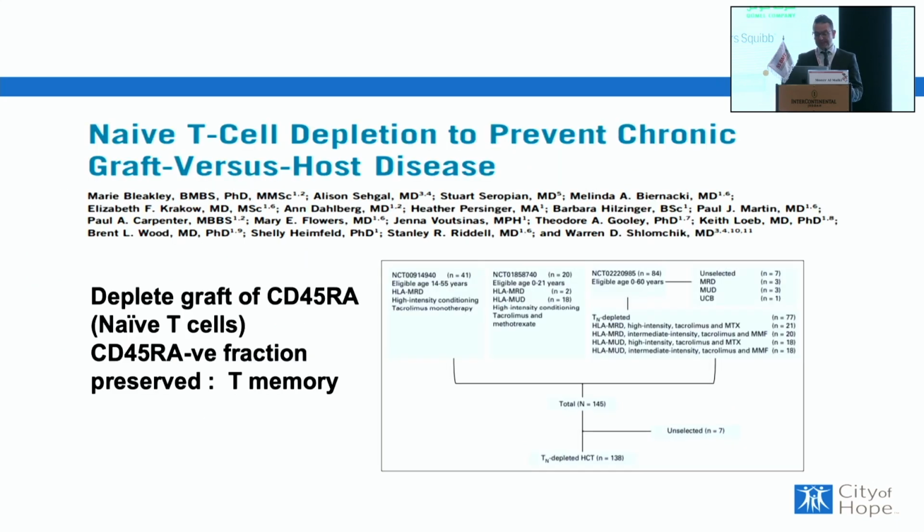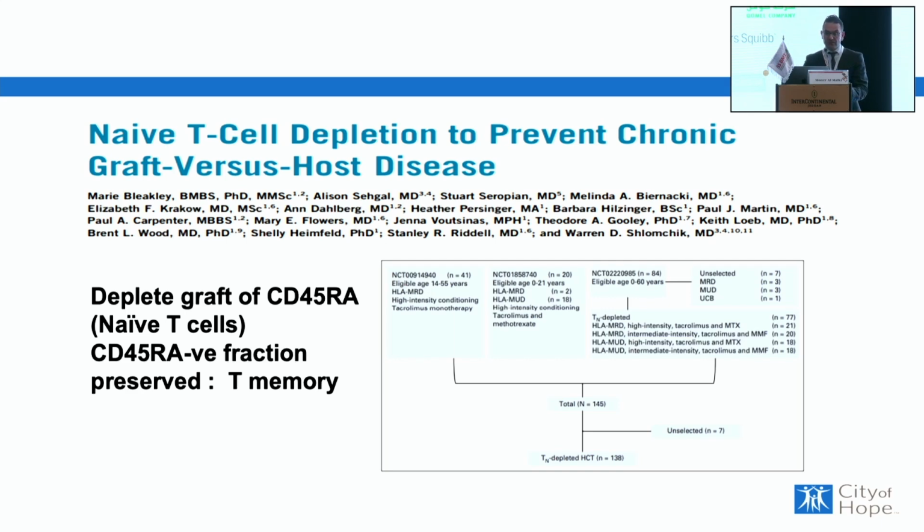Another approach is T-cell depletion of CD45RA, which marks the naive T cells. By removing the naive T cells, which are responsible for driving graft-versus-host disease, we are leaving memory cells that are important for fighting infection and relapse.